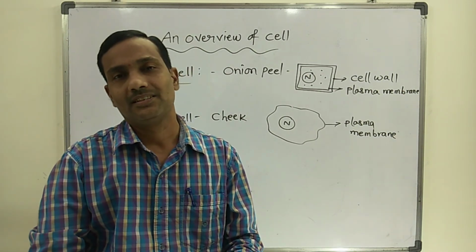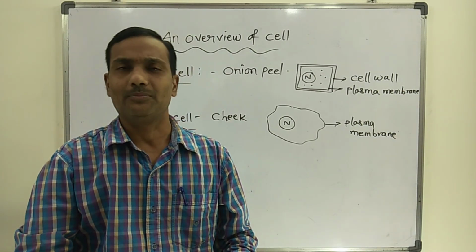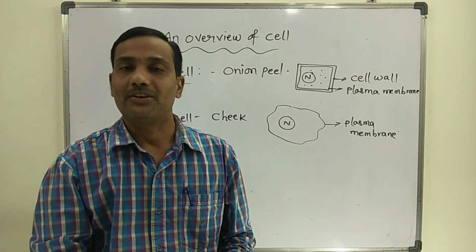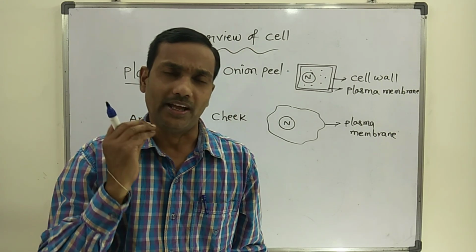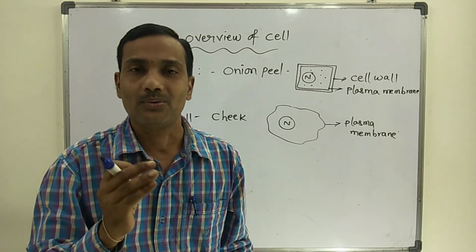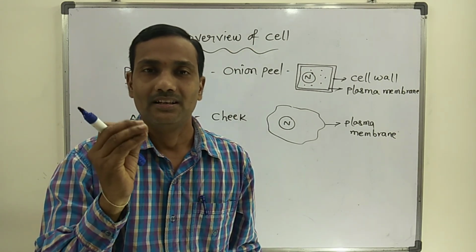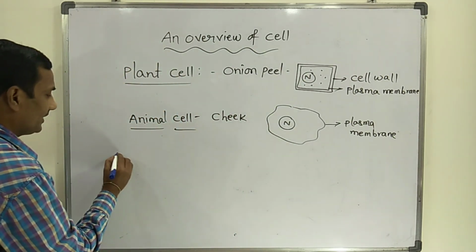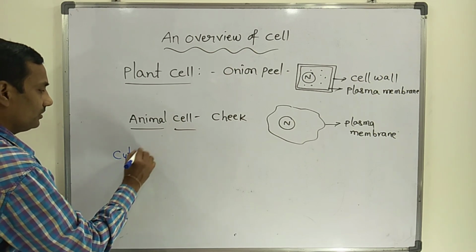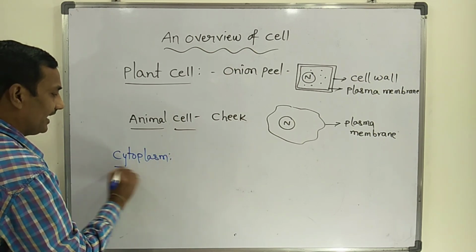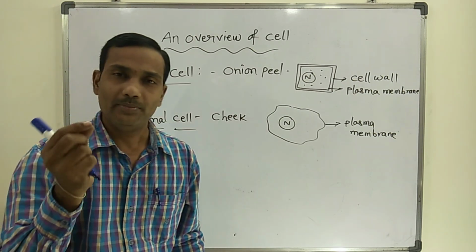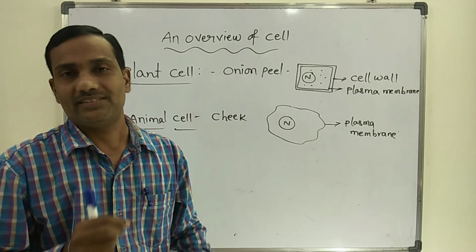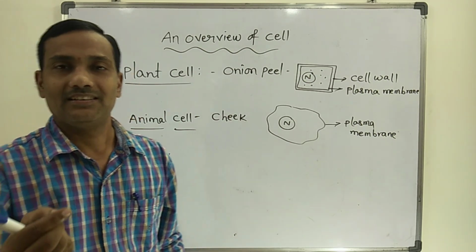In addition, every living cell, whether plant or animal cell, prokaryotic cell or eukaryotic cell, has a semi-fluid liquid matrix, that is cytoplasm. Take any plant or animal cell, that may be neem plant or mango plant cells, or human body cells or prokaryotic cell.